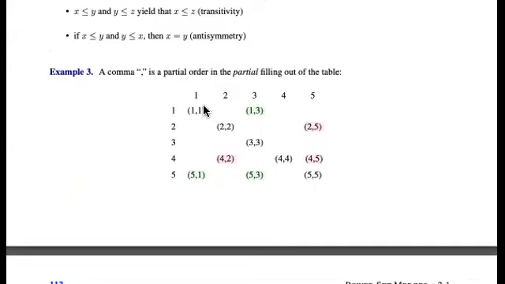Notice we have reflexivity, like 1 arrow 1 or 2 arrow 2 and so forth. We also have anti-symmetry. So if it's both ways, they better be the same thing.